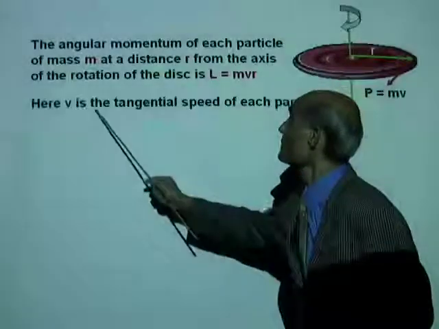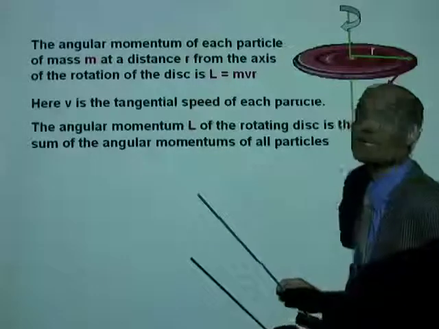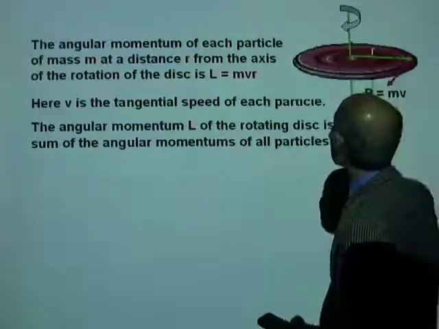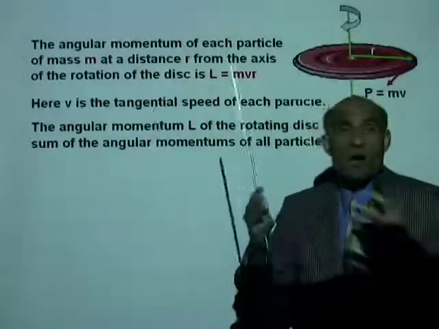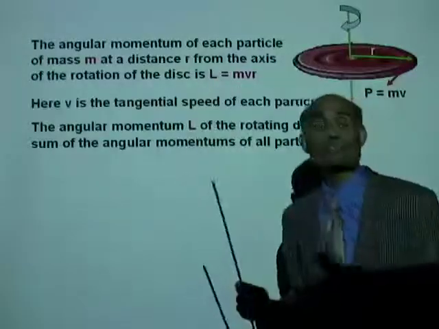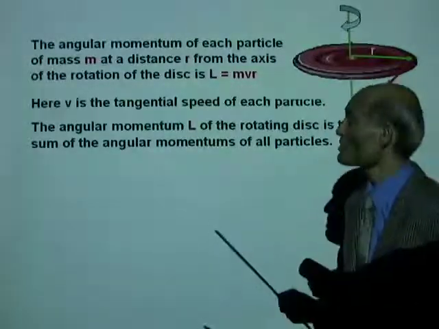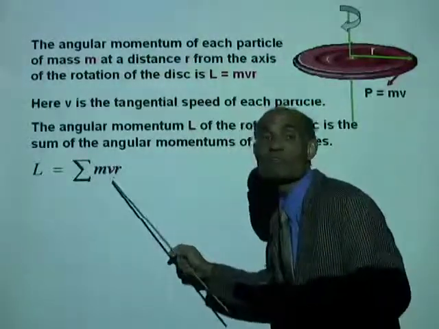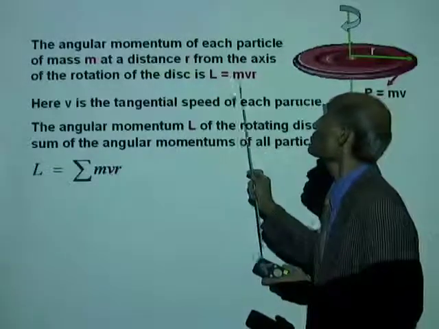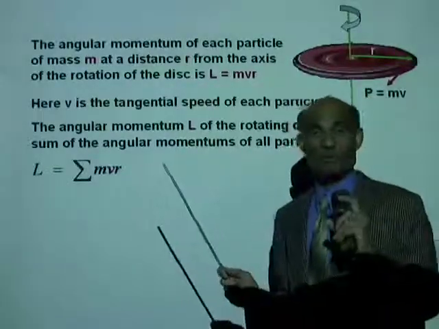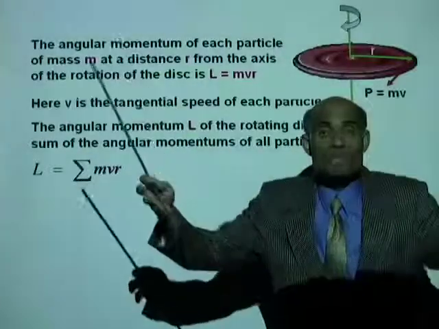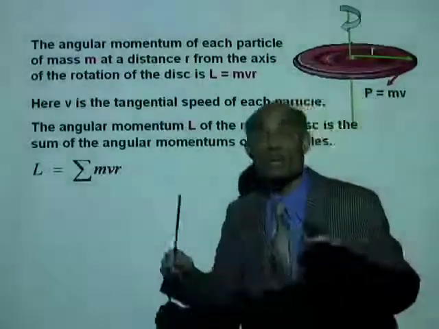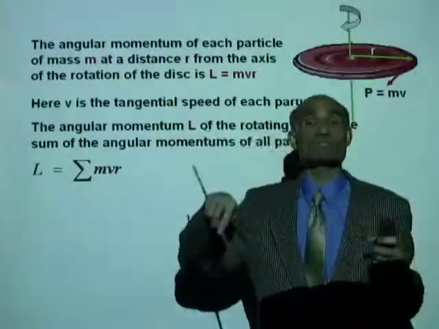Alright, so here v is the tangential speed, and so on. The angular momentum L of the rotating disk, therefore, is the sum of all such angular momenta of all such particles. So how do I write it? It will be L equal to summation mvr. This is the angular momentum of just one particle. If you now add up the angular momenta of all particles that make up the disk, that will give you the angular momentum of the rotating disk.